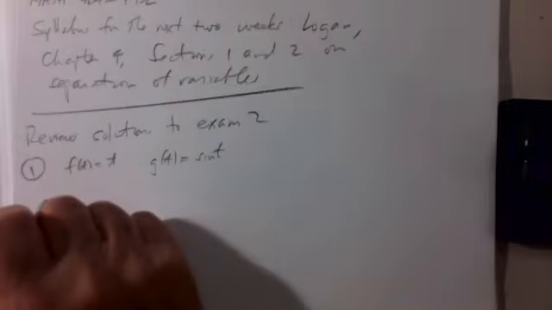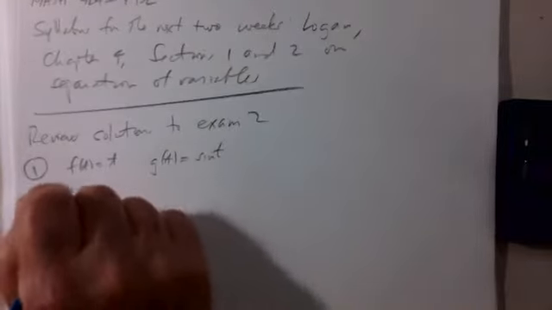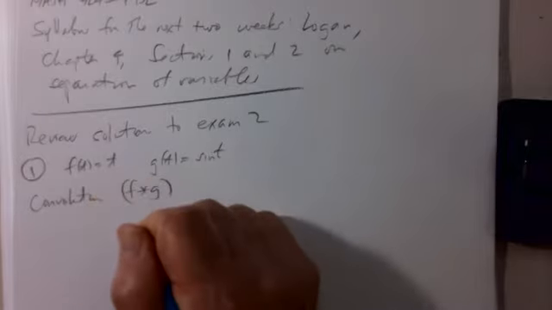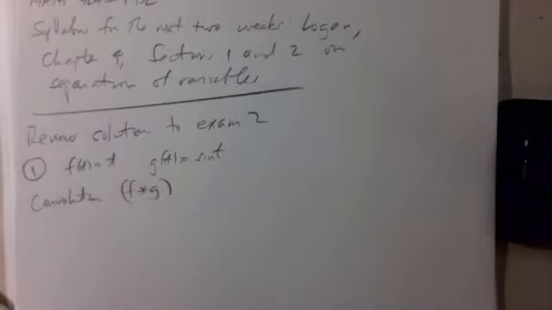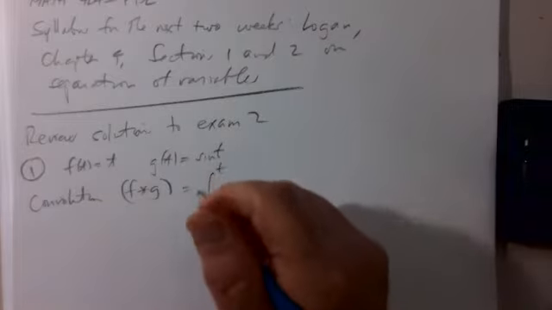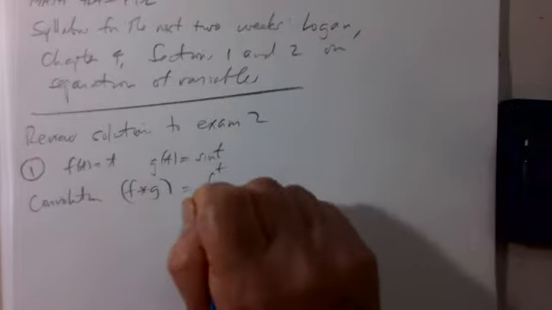So the convolution f star g of t is the integral from 0 to t. This is just the definition of convolution.